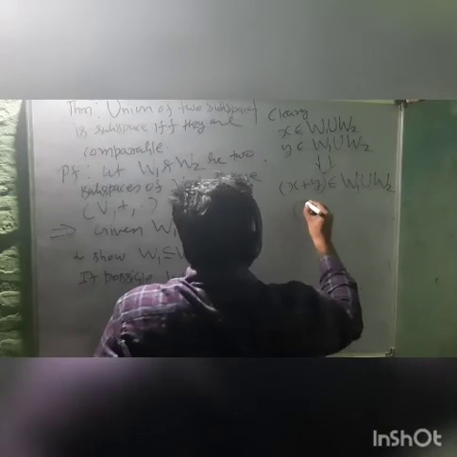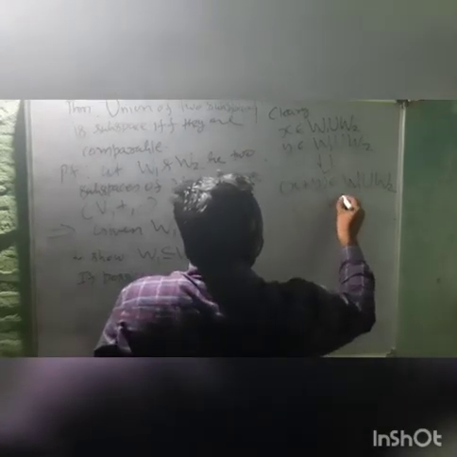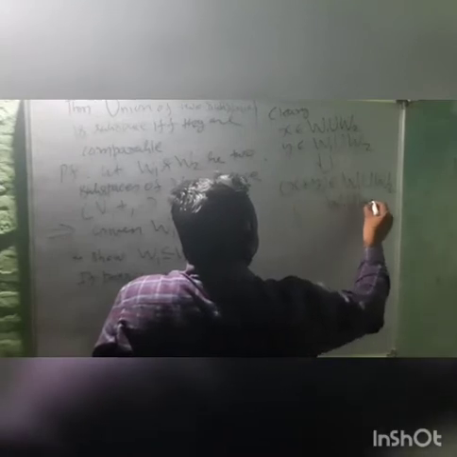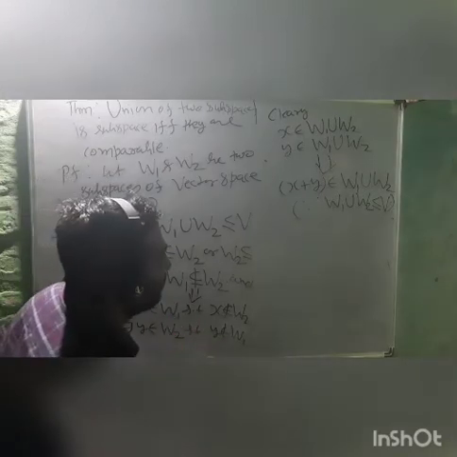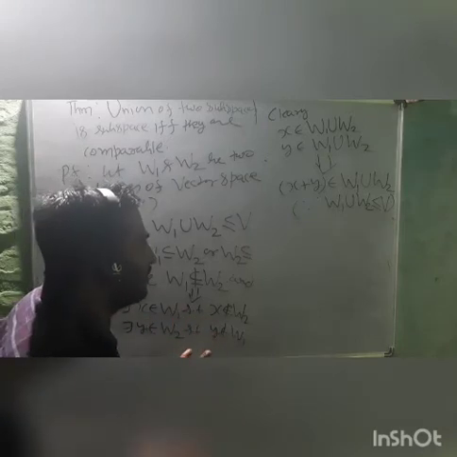Why will it be so? Think, pause the video. Because W1 union W2 is the given subspace of V. So the closure property is going to be there. And yes, this will give us some contradiction. X plus Y is in W1 union W2, so X plus Y is either in W1 or in W2. These are the two cases we will get.